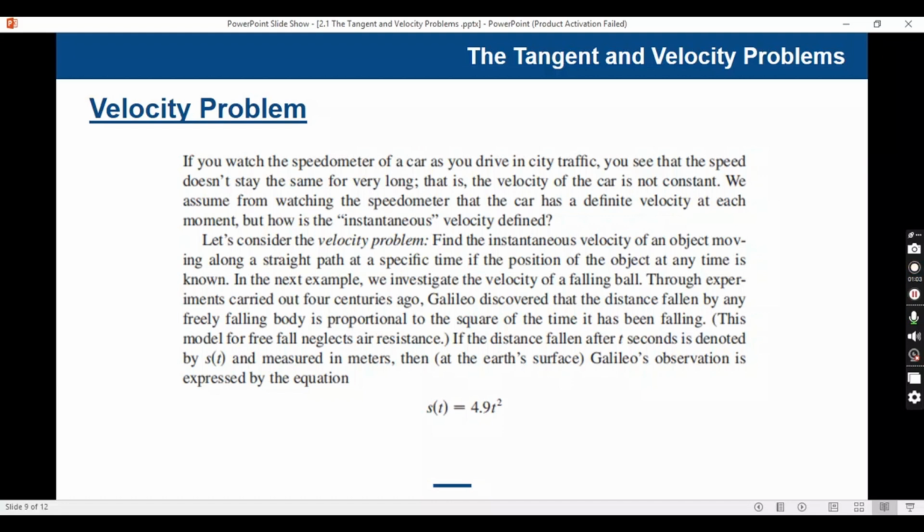Do you know the difference between the two, displacement and distance? Have you heard of a term called displacement?